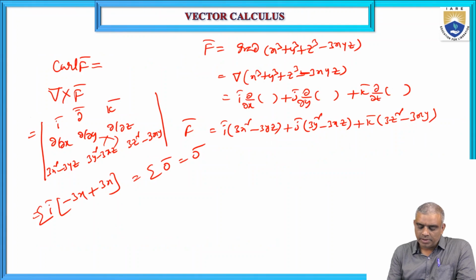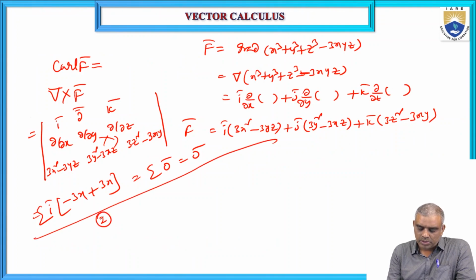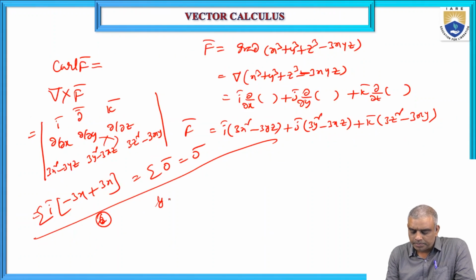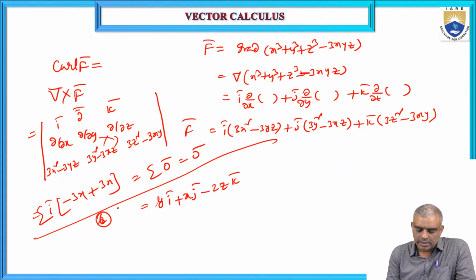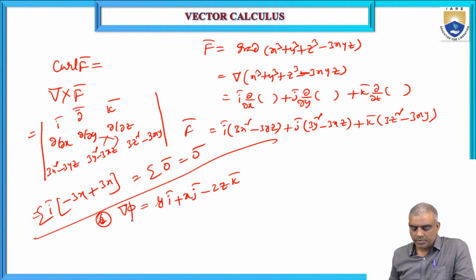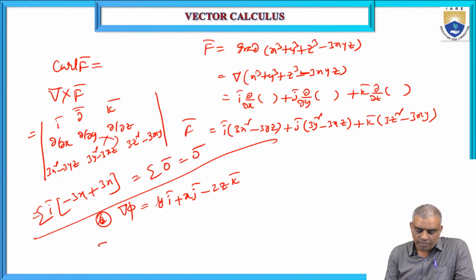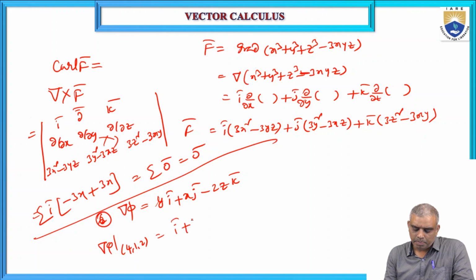So grad phi is y i bar plus x j bar minus 2z k bar. This is the normal vector at any point. Grad phi at (4, 1, 2) is i bar plus 4 j bar minus 4 k bar. That is the first vector.